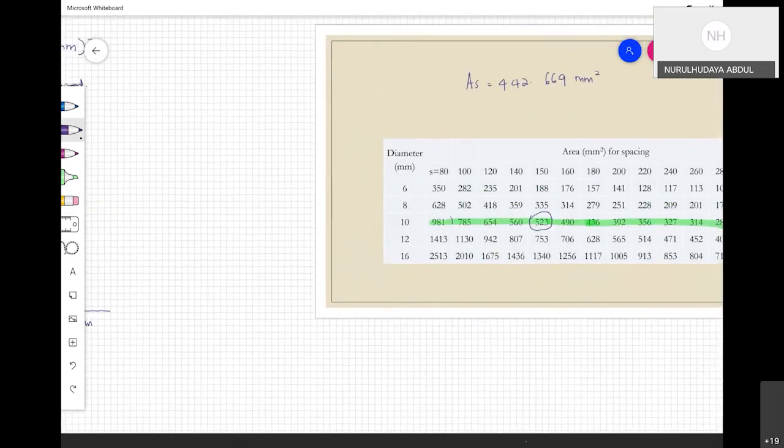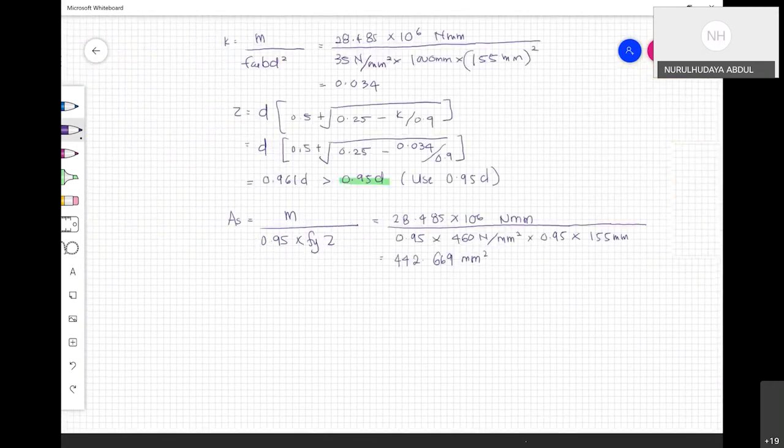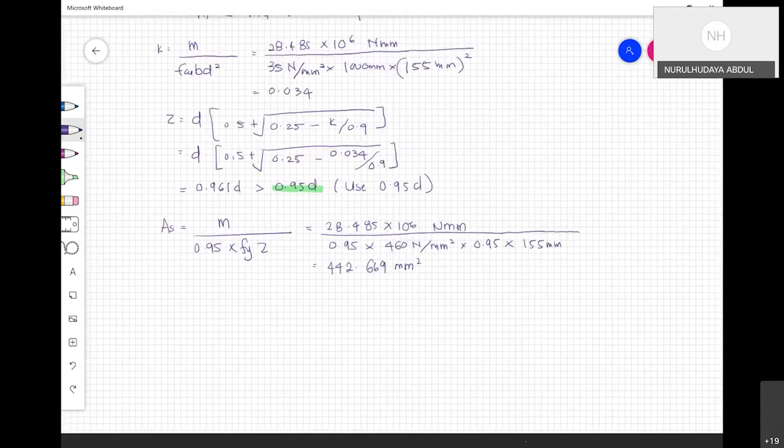Alright. Okay, from table. So because this one kita dah tak ada try. This is not try. This is memang final sebab kita tak check for the modification factor, sebab D dah given. Okay.